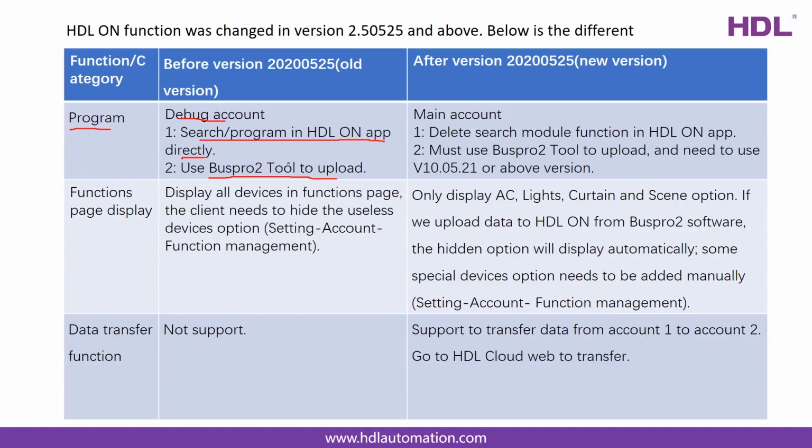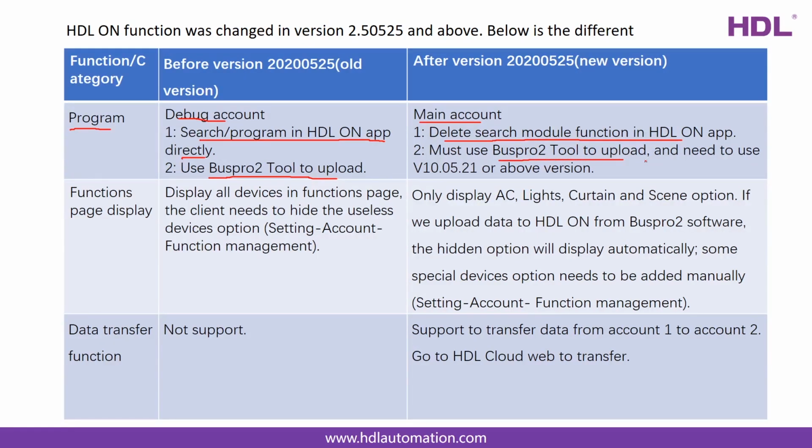But for the new HDL, we need to use the main account to program. And the search model function in the app is deleted, so we can't use the app to search the gateway or the devices. We need to use Passport 2 to upload.